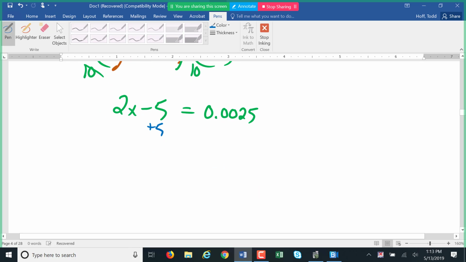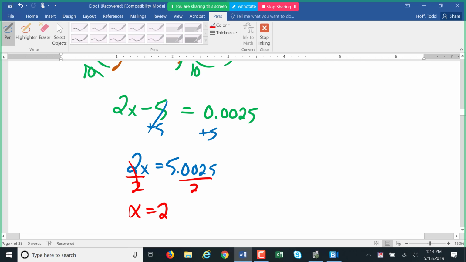Next, we will add the 5. 2x equals 5.0025. And then divide by 2. X equals 2.501 basically.